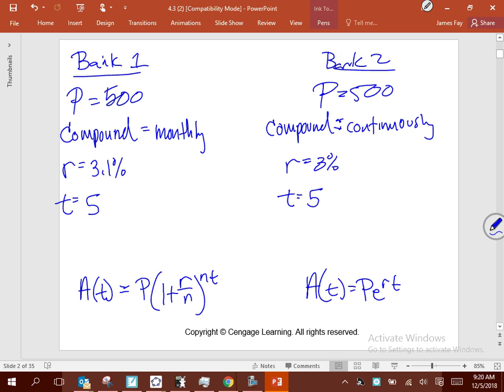Some of these questions, guys, they'll keep everything the same except for the compounding, but then they'll eliminate the principal and it won't tell you what you're putting in. Does it matter what I put in? No, as long as it's what? The same in both banks. I don't want to put $100 in and then in Bank 2 put $1 billion. That doesn't make any sense.